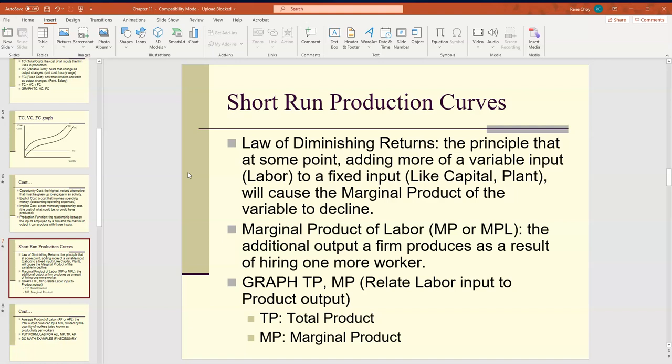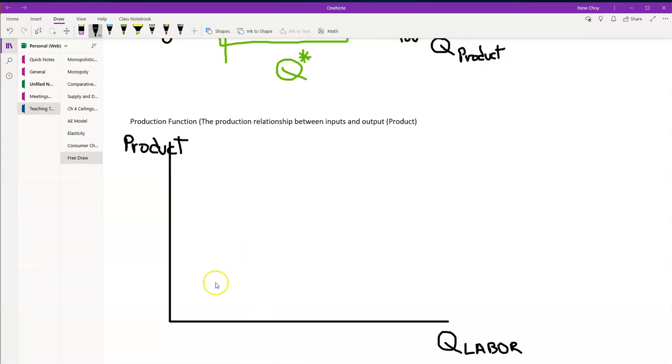So in other words, the more and more workers you add to your production facility, the less and less each one of those workers will bring you in product. And remember, product right now is output. So marginal product tends to have this general shape.